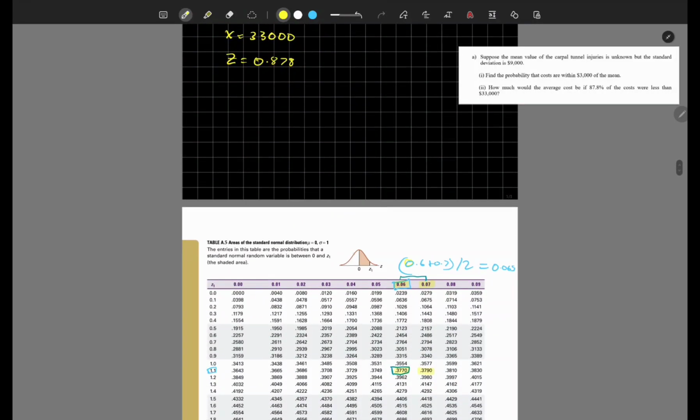Given our Z table readings, it only shows that part. So you have to add the figure to the rest of the bell curve.